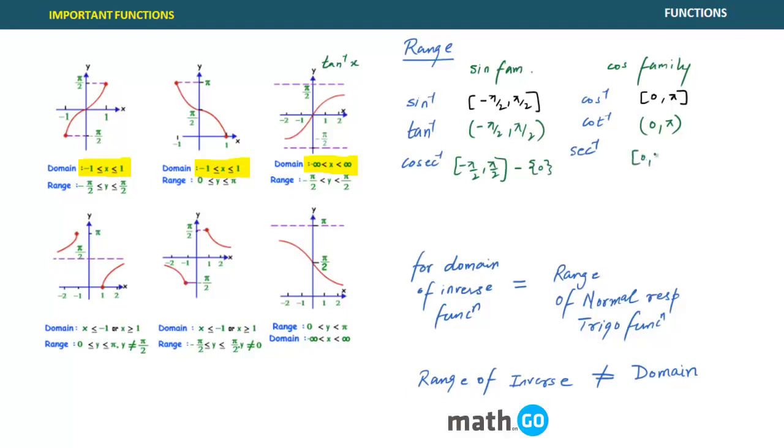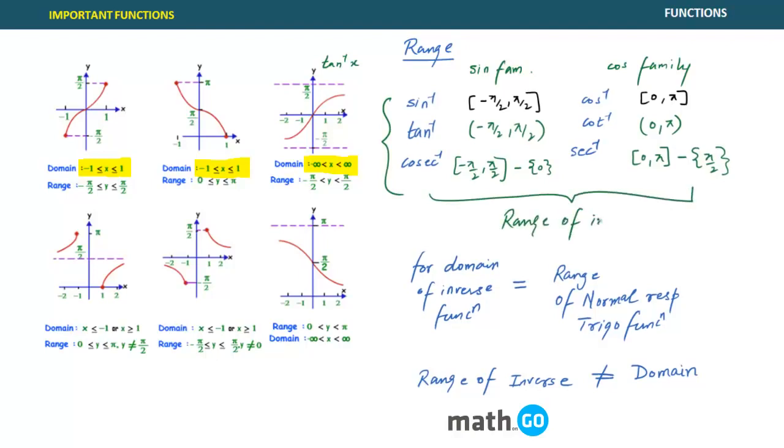Similarly, for sec inverse, take the answer of cos inverse as it is, minus the midpoint. The midpoint would be pi by 2. This is how you can learn the range of inverse functions. So I have given you a tool to memorize the range of inverse. For domain there is nothing to be done. Range of normal trigonometric function becomes the domain of inverse functions. Got it?